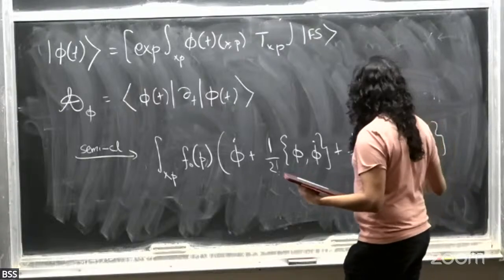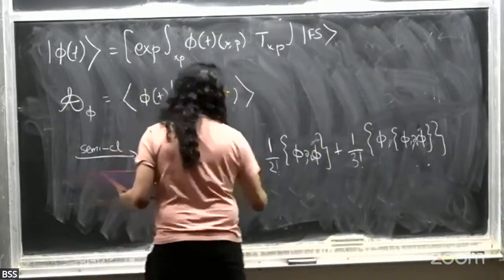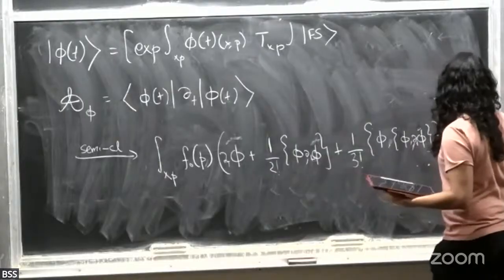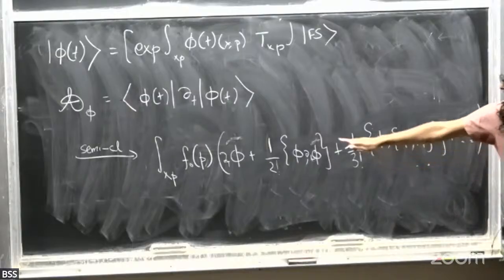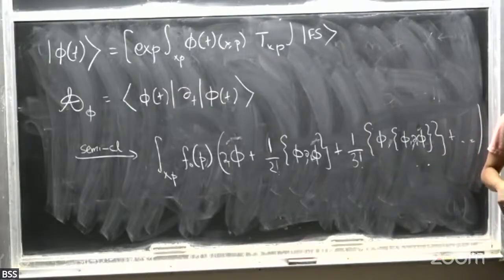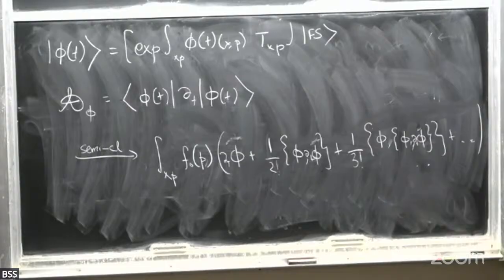Dots are confusing on the board, so I'm just going to rewrite this as explicit dt's. So this is what this looks like as an expansion in phis: a series of nested Poisson brackets of phis with dt phi. I want to emphasize that this is not the same as that expansion, because if you look closely, the numerical factors are at different locations.